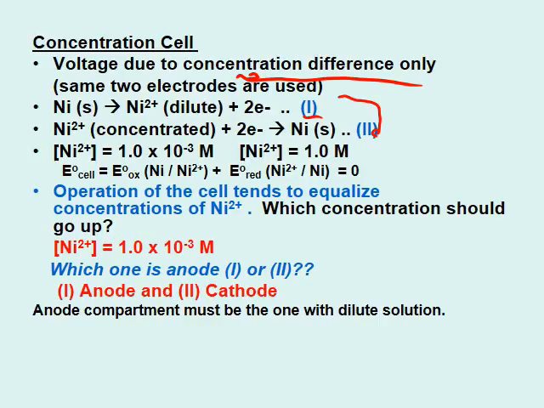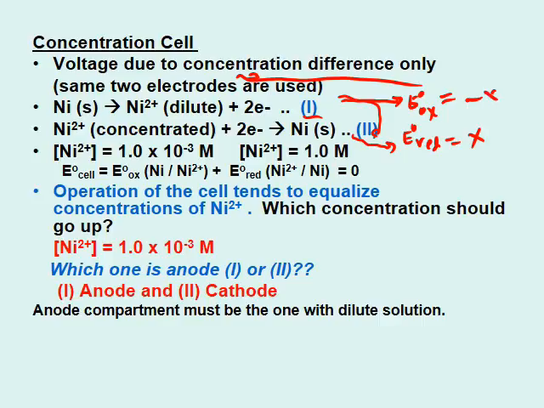So if the first one is the oxidation reaction, E0 oxidation, the second one is the reduction reaction because it is the reverse of the first one. If I say that the second one, the reduction reaction, has the value of X, the oxidation reaction must have an identical value because it is the same reaction, only reversed.